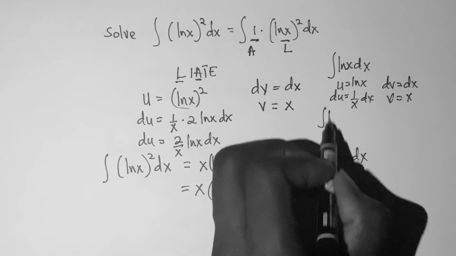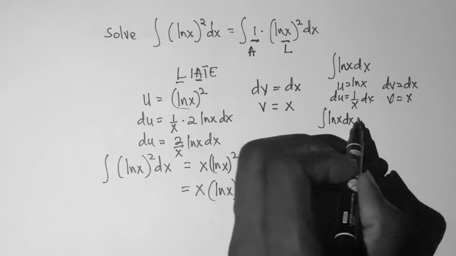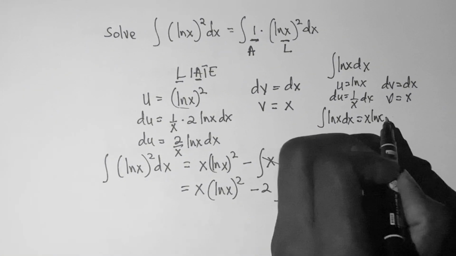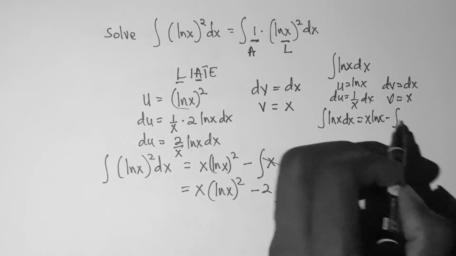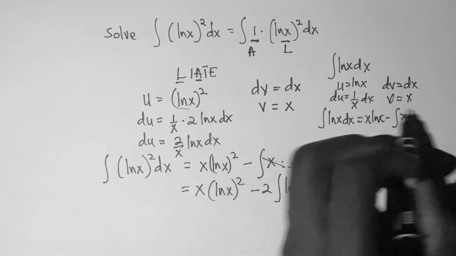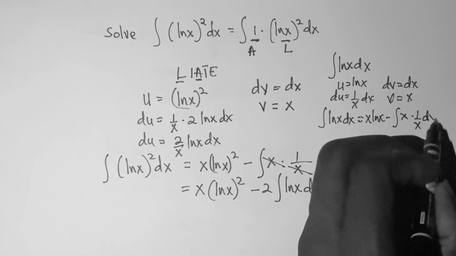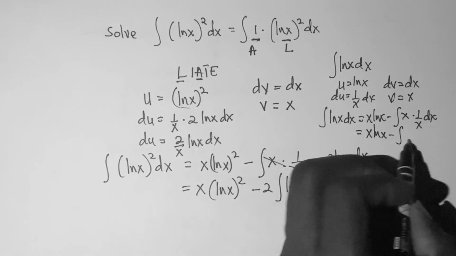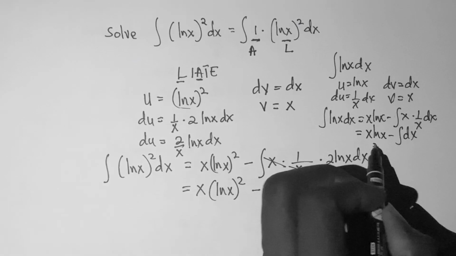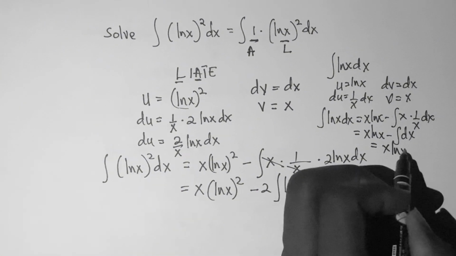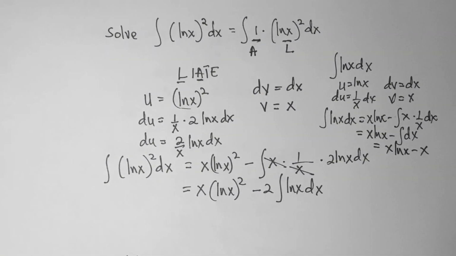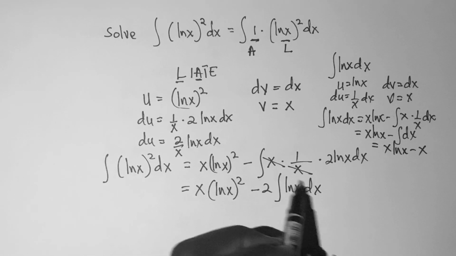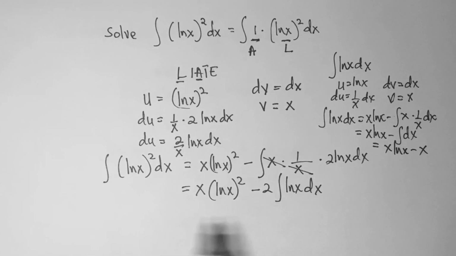So the integral of natural log of x dx is equal to uv, which is x ln x, minus the integral of v, x, times du, 1 over x dx. So this is equal to x ln x minus the integral of dx, and that is x natural log of x minus x. So we have found the integral of natural log of x dx, so we just replace it.